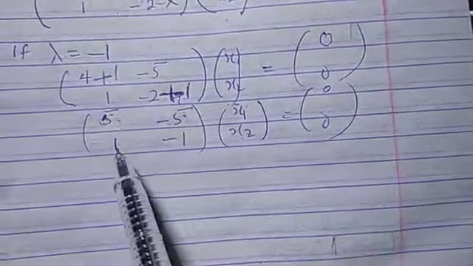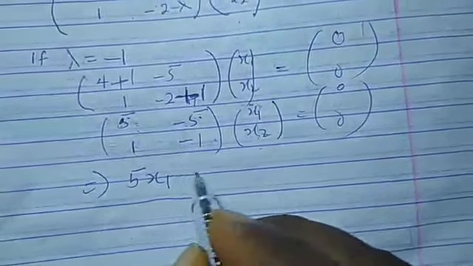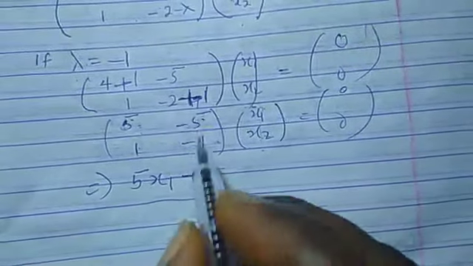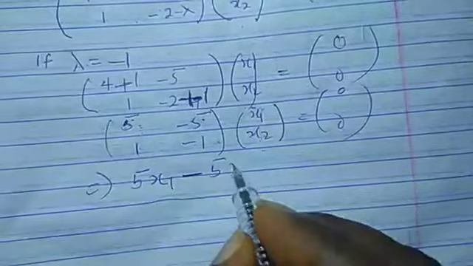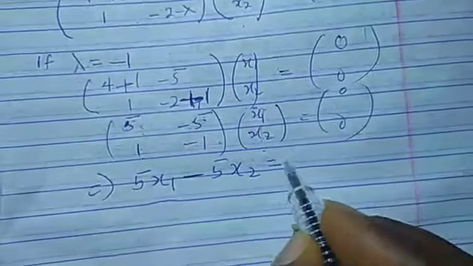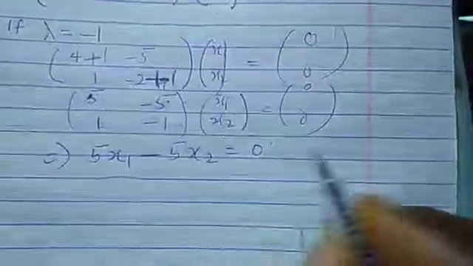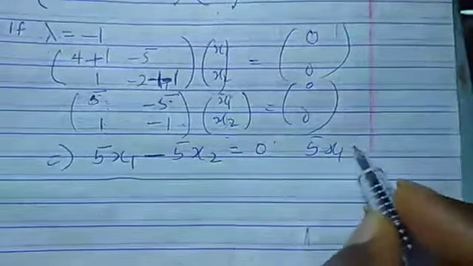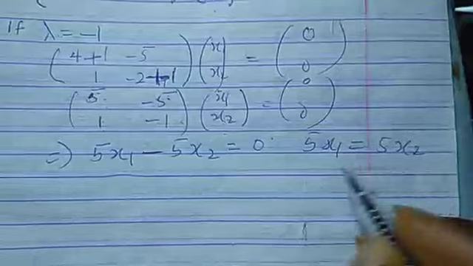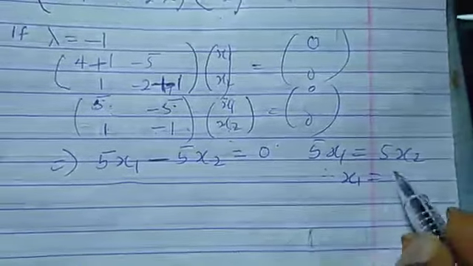You use a row to multiply. That is multiplication of matrices. So this one will become 5S1 minus 5S2 equal to 0. From this place, you see that 5S1 is equal to 5S2, therefore S1 is equal to S2.